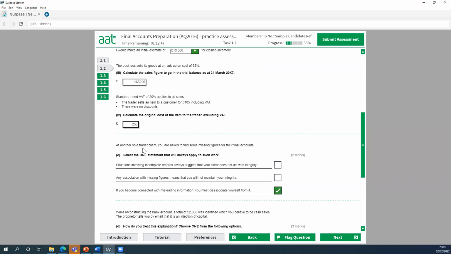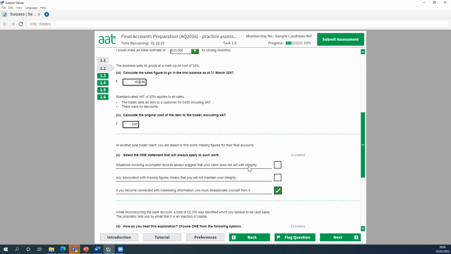So this one says, another sole trader client, you are asked to find some missing figures in their final accounts. It says, select one statement that will always apply to such work. Okay, let's have a look. Situations involving incomplete records always suggest your client does not act with integrity.